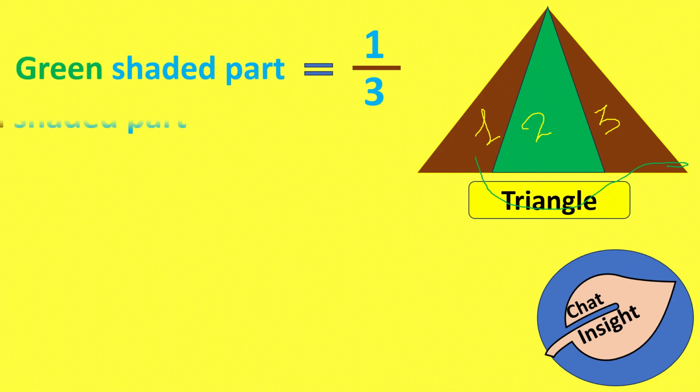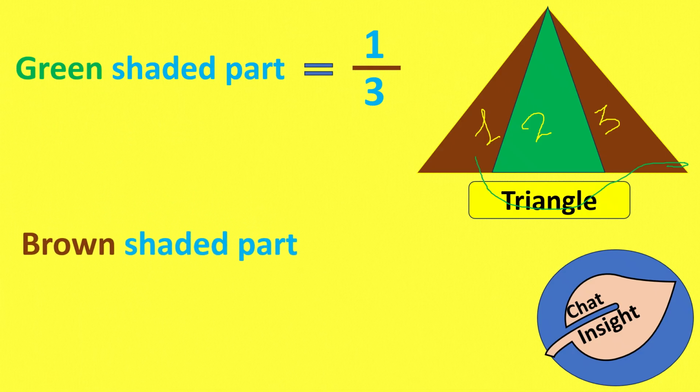Look at here. It's a triangle, as you know that. It's a brown shaded part. Now, the next point is about the brown shaded part, which is the first and the third. So for the division, look at here.